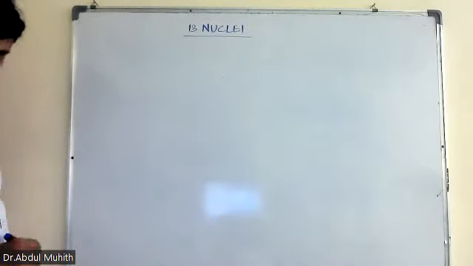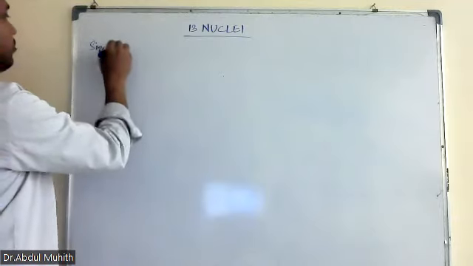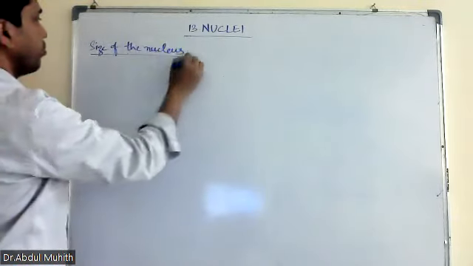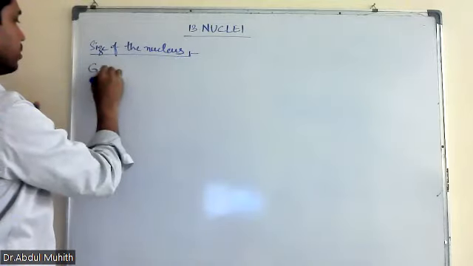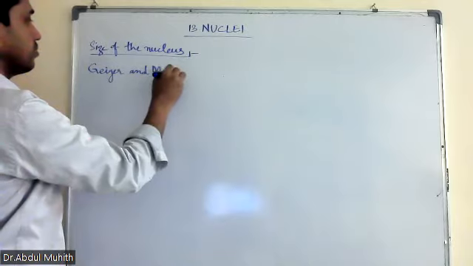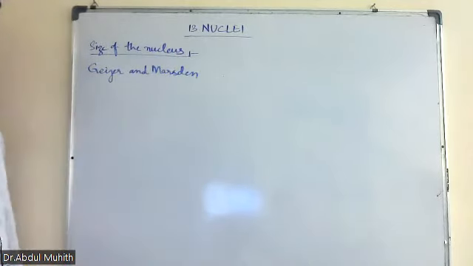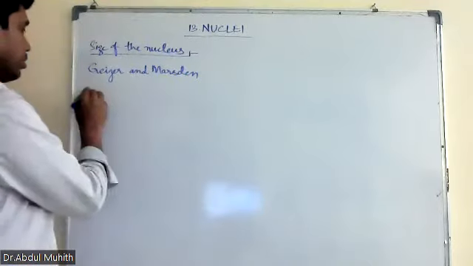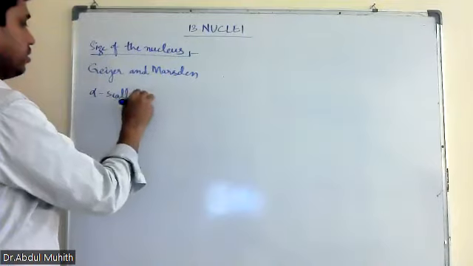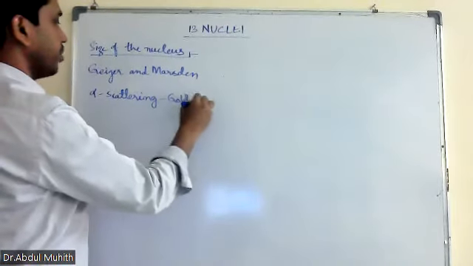Now we'll go to the size of the nucleus. The size of the nucleus was found by the experiment of Geiger and Marsden. These two people were doing the alpha scattering experiment, also known as the gold foil experiment.